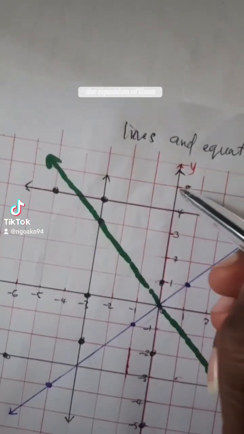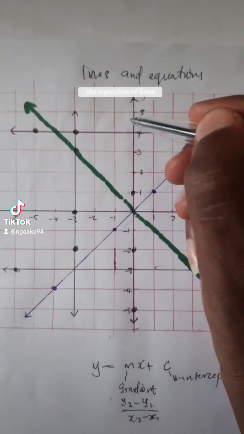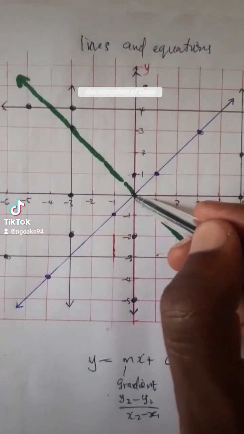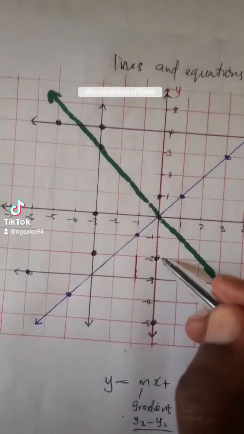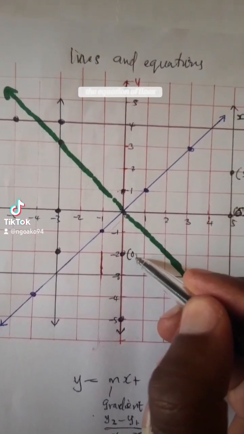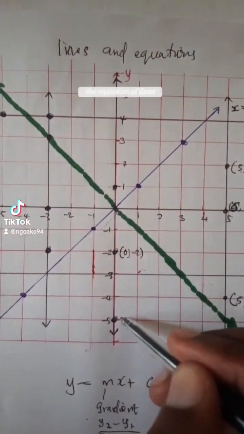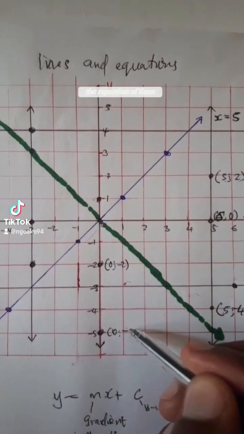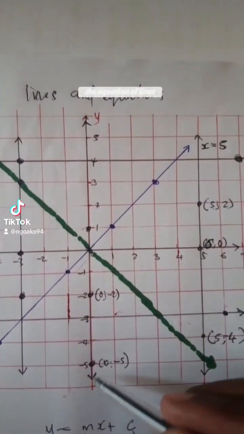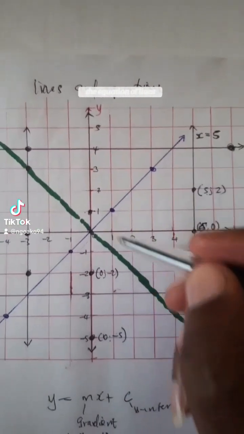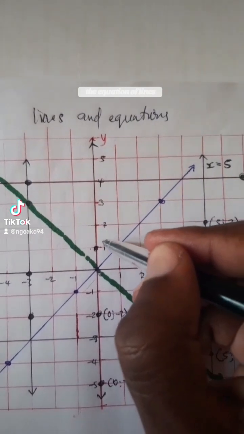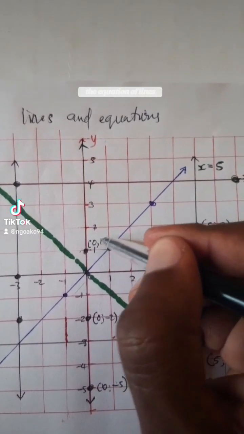Then of course, let's look at this one. There's another one here. On this line, the x here is 0. So the other coordinates here are 0 and minus 2, and the other coordinates here 0 and minus 5. So can you see that at the y-axis, the x is 0 throughout, even if you pick this point here, 0 and 1.